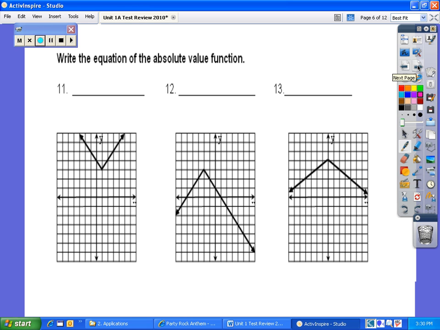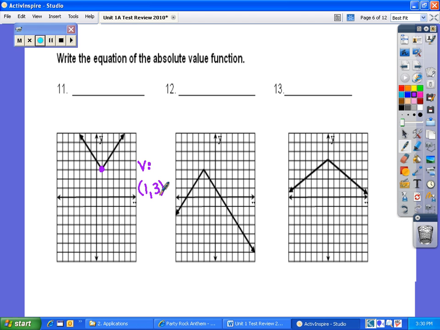Okay, the next section we're going to do the same thing, but make sure that you identify what your slope is and what your vertex is. So for the first one, our vertex is going to be at 1 and 3. So always write down what your vertex is. Then we're going to find our slope.